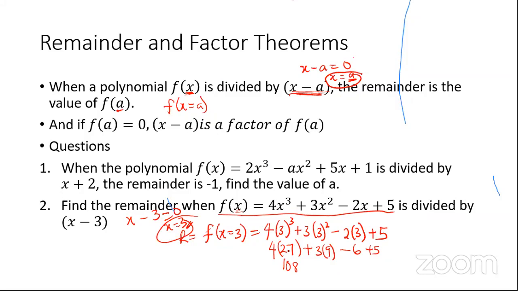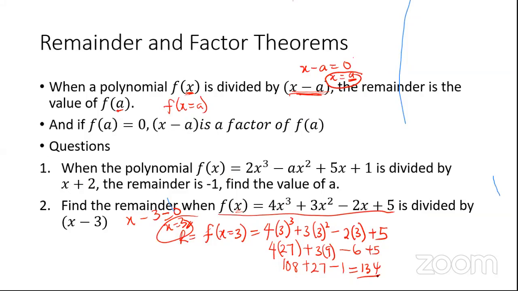I hope I'm right. 4 times 7, yes. Then plus 3 times 9, 27. Minus 6 plus 5 will give us minus 1. So 27 minus 1 is 26. 26 plus 108 will give us 134.